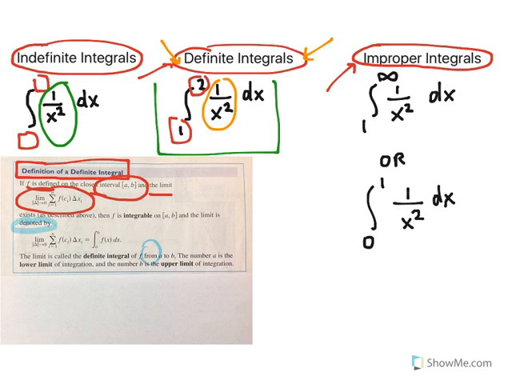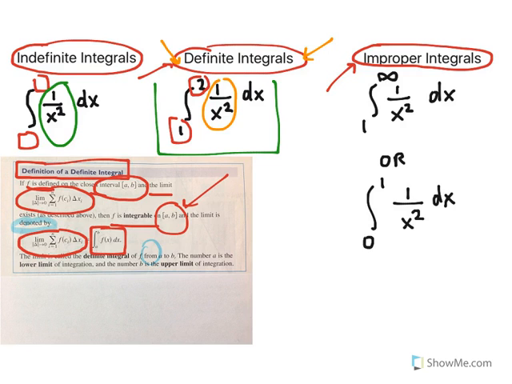If that limit exists, then we say the function f is integrable on the closed interval from a to b, and the limit of this Riemann sum as the norm of the partition approaches 0 by definition gives us a definite integral. Note that the definition of a definite integral requires the interval from a to b to be a closed interval.